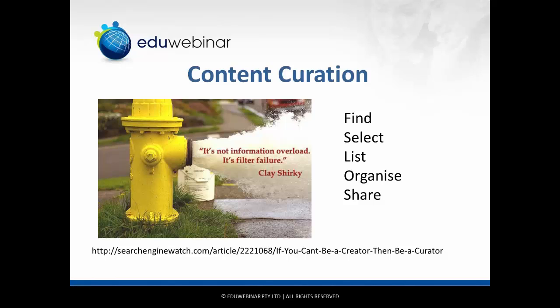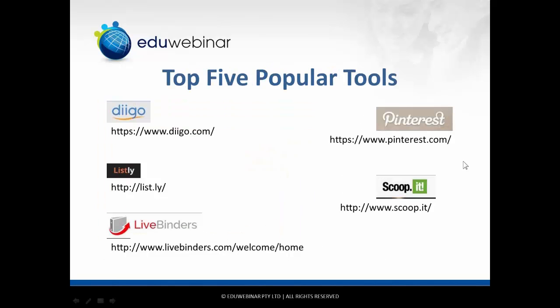So there are different ways that you're able to use content curation, and basically that's its function. It is to be this filter to make sure that we get the best out of the web in this huge information overload.